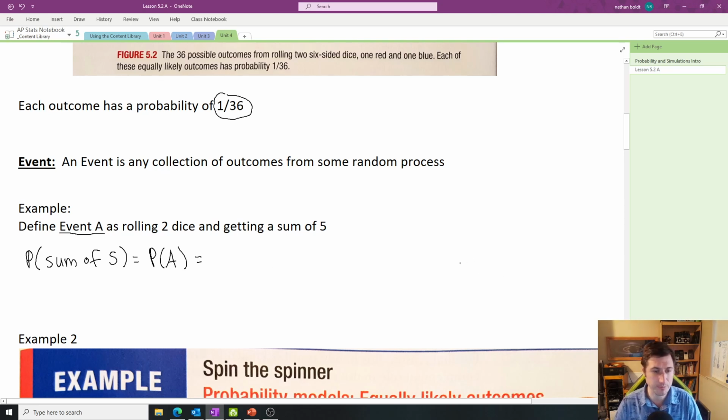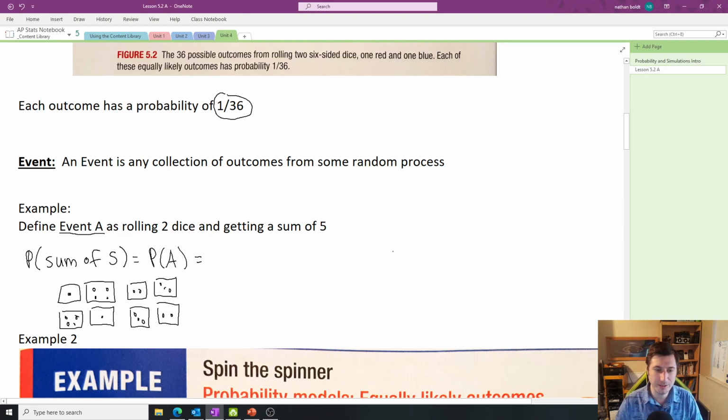Well, we've got to do some probability then. What possible outcomes give me a sum of 5? Well, we could roll a 1 and then a 4. We could do a 4 and then a 1. Or we could do a 2 and a 3. Or a 3, then a 2.